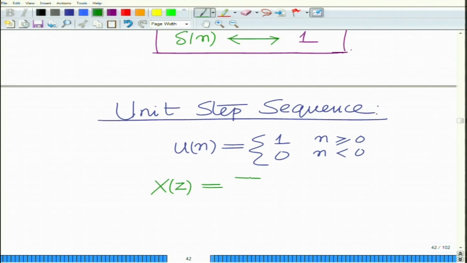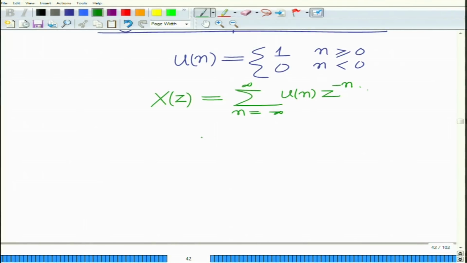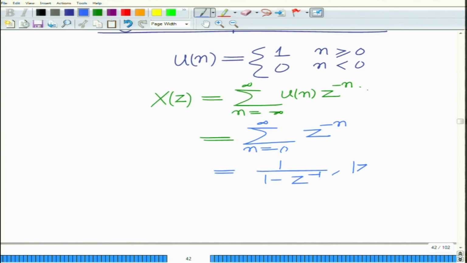So, x of z equals summation n equals minus infinity to infinity u n z raised to the power of minus n, which is equal to, since the unit step is non-zero only for n greater than or equal to 0, and for n greater than or equal to 0 this is 1, summation n equals 0 to infinity z raised to minus n, which is 1 over 1 minus z inverse, which you could have as well obtained by setting a equal to 1 in the earlier expression, a raised to n u n, and the ROC is magnitude of z greater than magnitude of a, which is equal to 1.